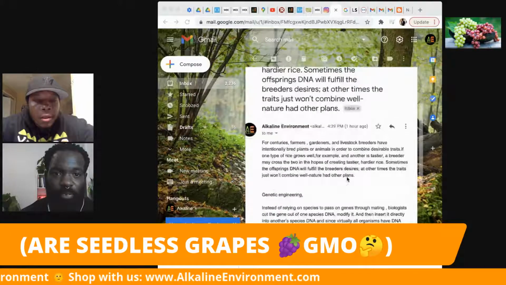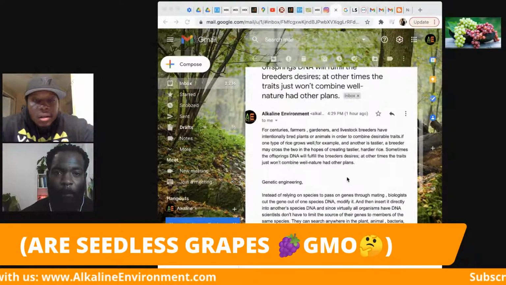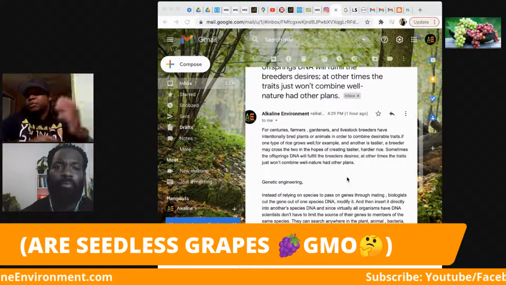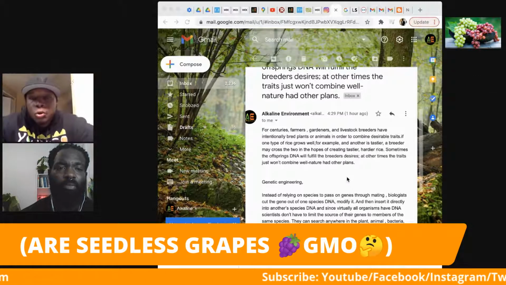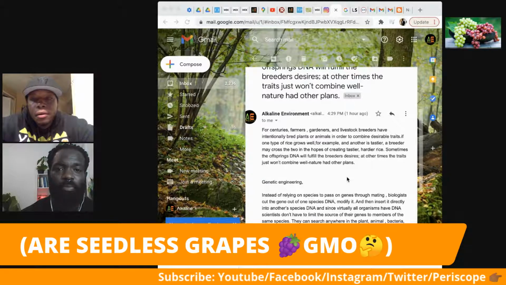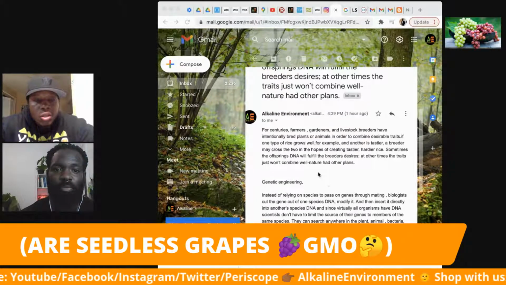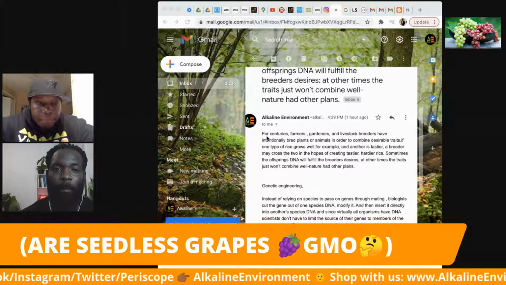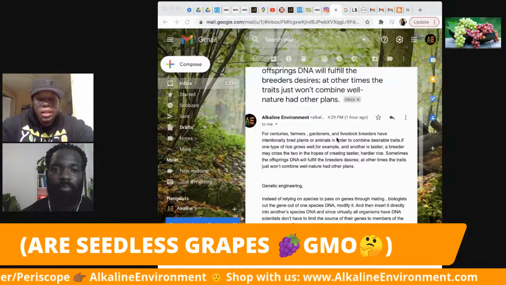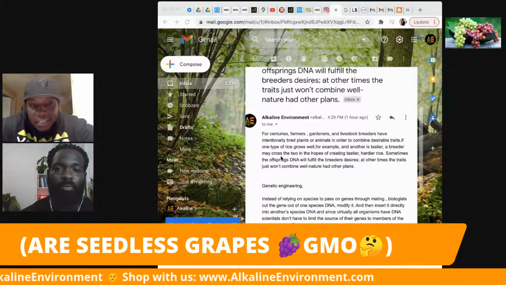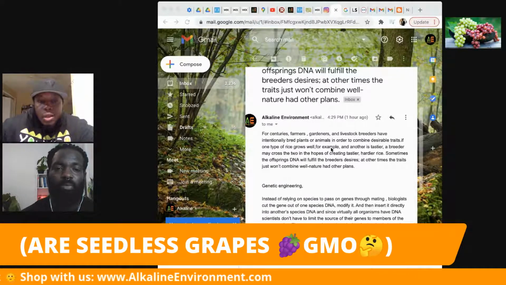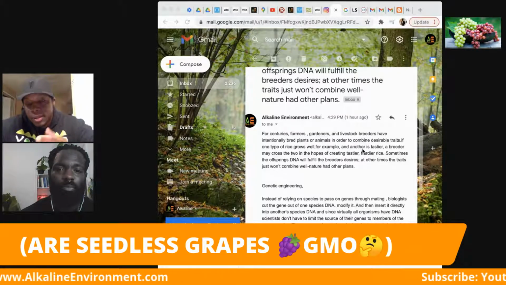Okay, so this is just a little information on the difference between the two. You've got breeding, and then you've got genetic engineering. Right here it says that for centuries, farmers, gardeners, and livestock breeders have intentionally bred plants or animals in order to combine desirable traits, like you were saying.